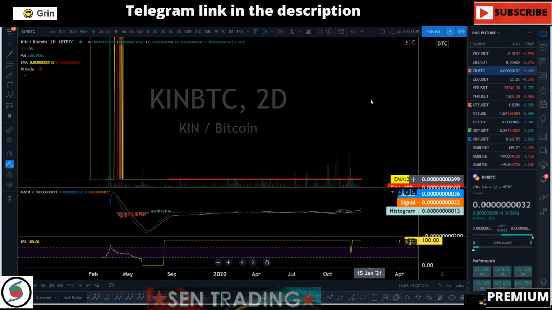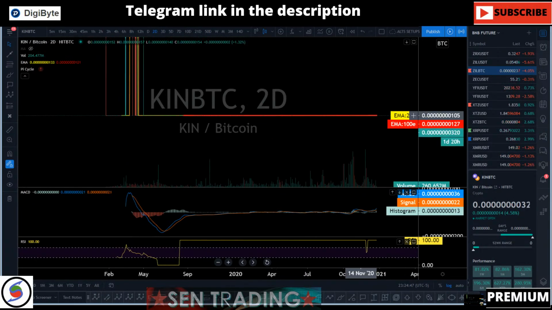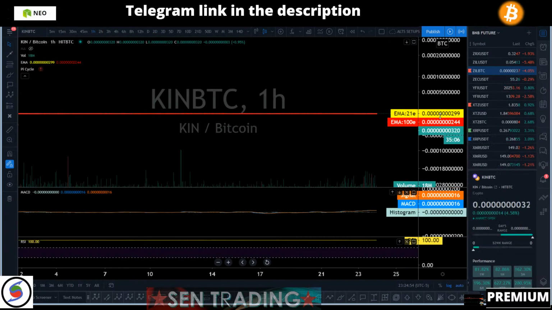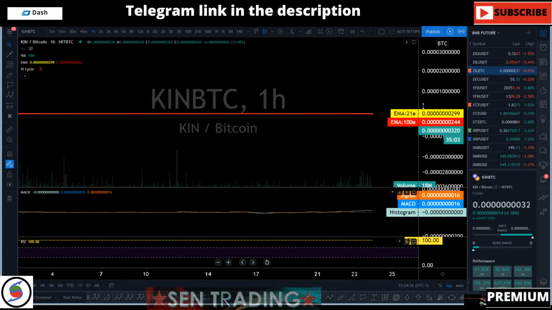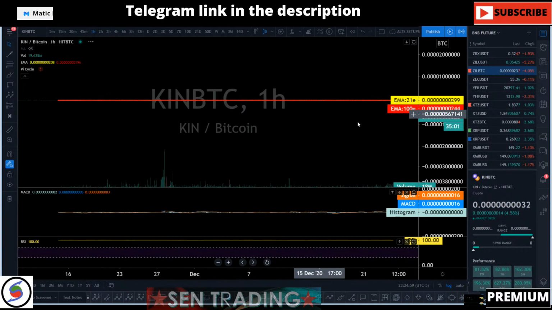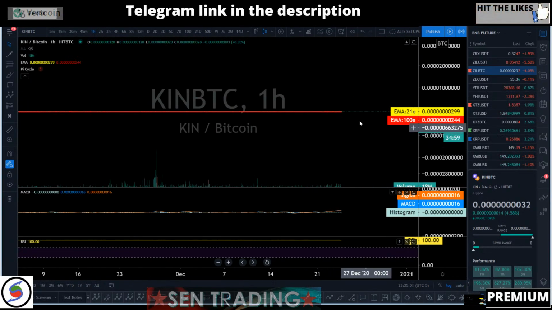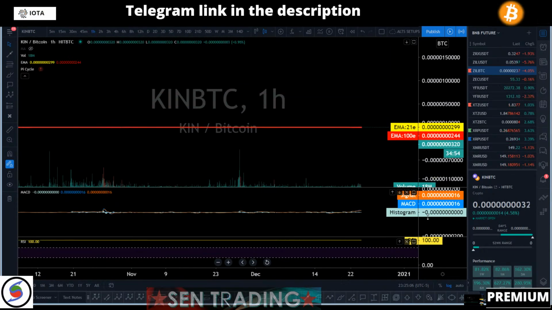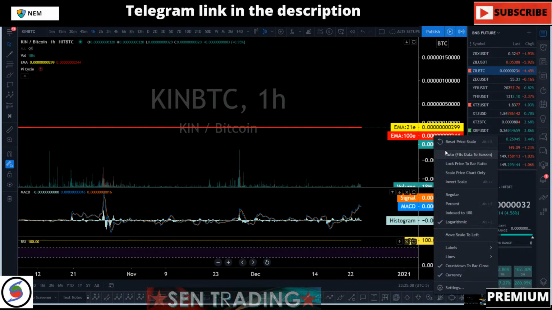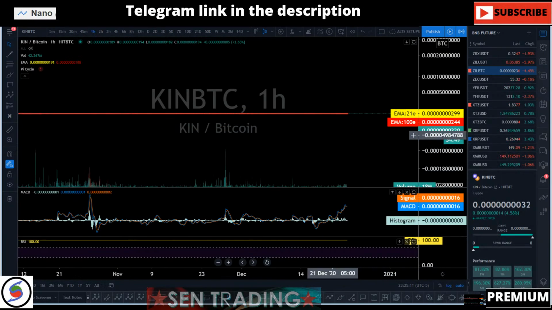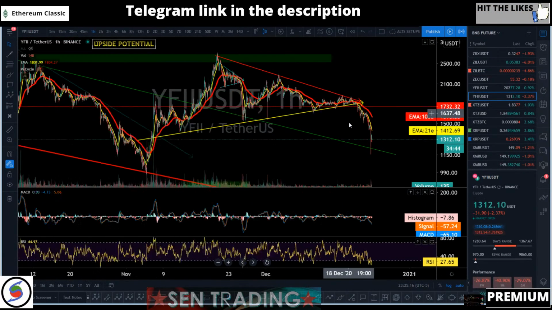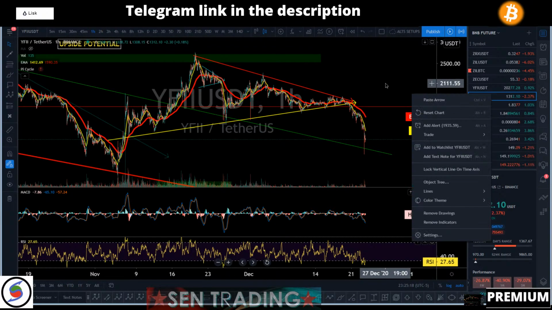Man, I can't do anything with this. I can't even see the chart. Something is wrong with my computer or something. Oh man, I can see nothing. Let me try to switch layout. Yeah, I think it's on Kin, man. That's it.